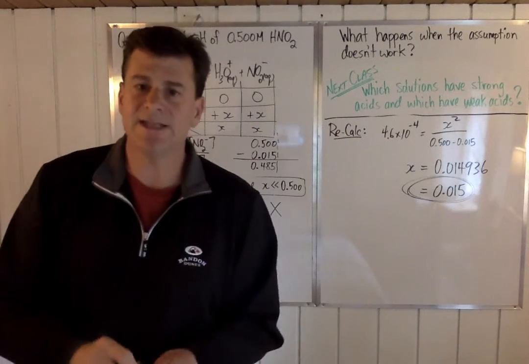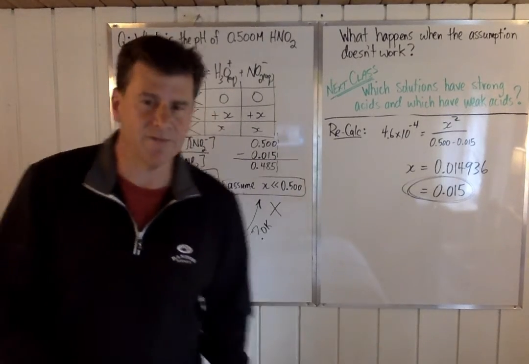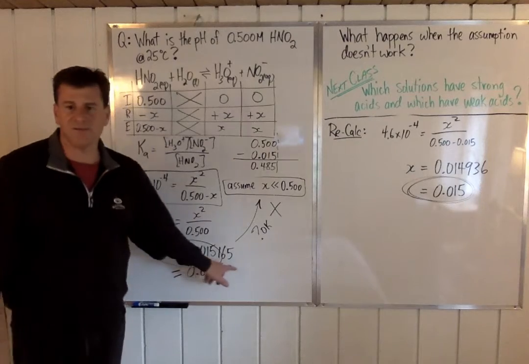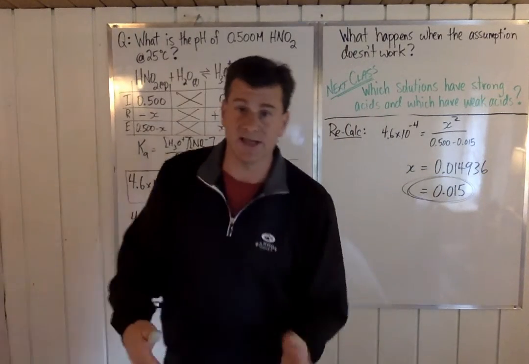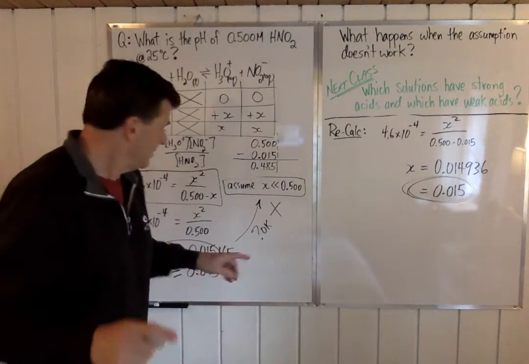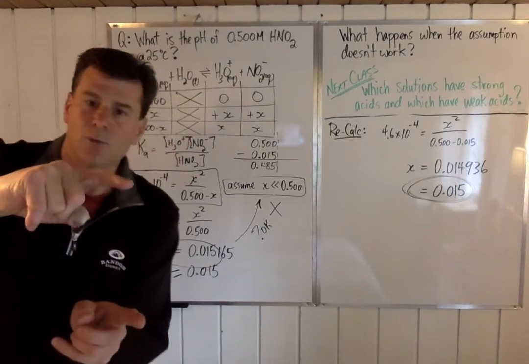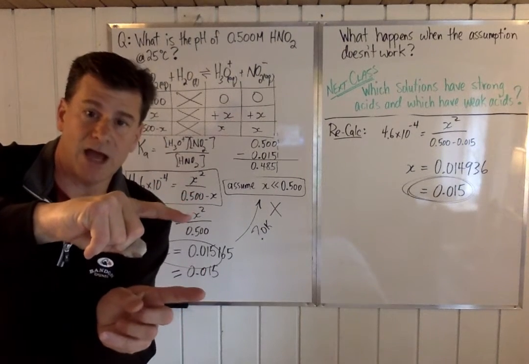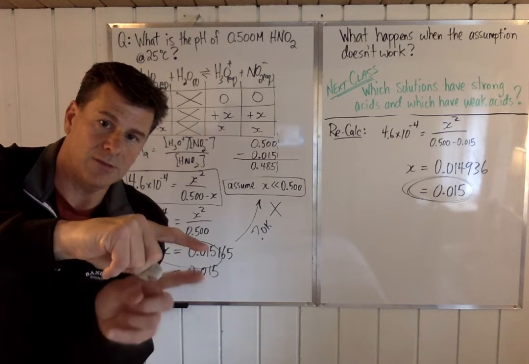Now, if I continued doing this, like if I took, instead of using 0.015 every time, a more precise answer, like 0.015165, and then the next time I took this and plugged it in, what would happen is you would be getting, so here's the 0.015165 and here's the 0.0149. The next one would be a little bit lower, and a little bit lower.